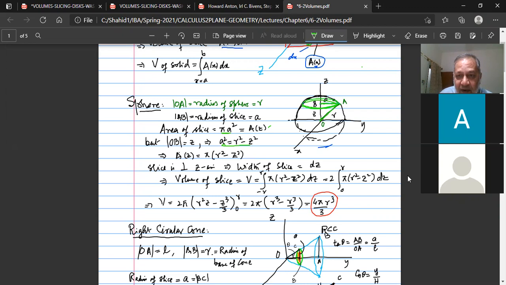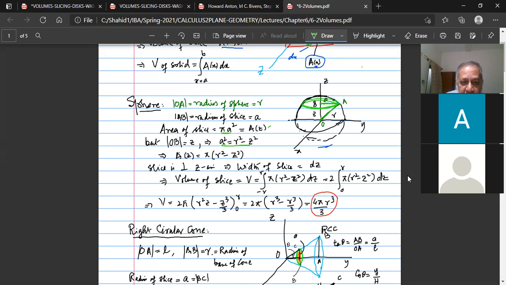So this becomes the right angle triangle. So the radius of the slice squared is equal to the radius of the sphere squared minus the height of the slice squared. So the area becomes pi times, instead of a squared, r squared minus z squared, where r is the radius of the sphere.